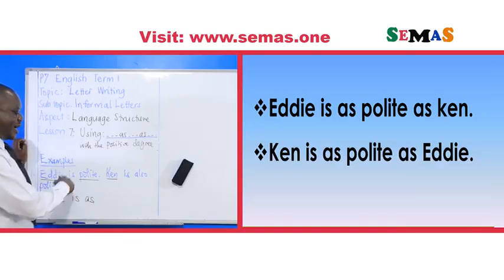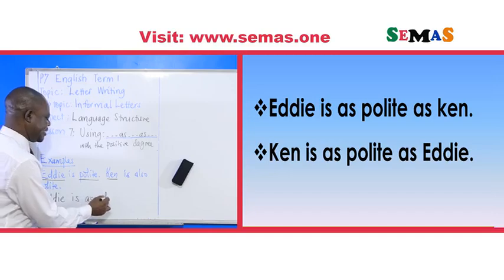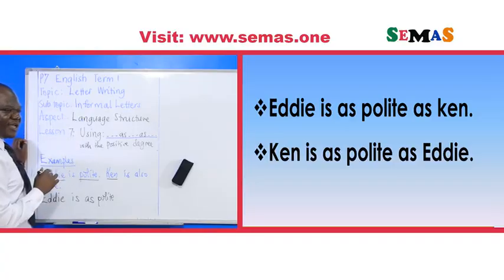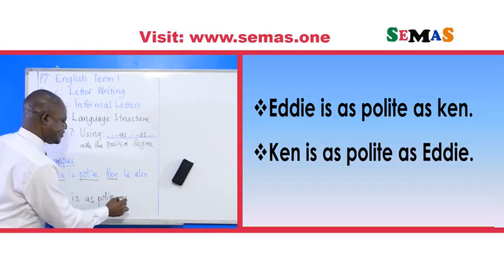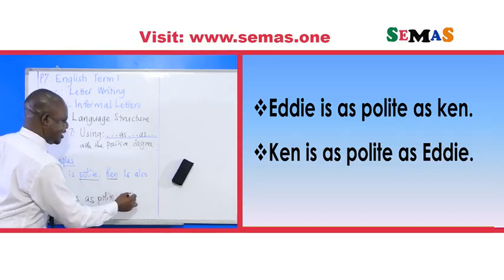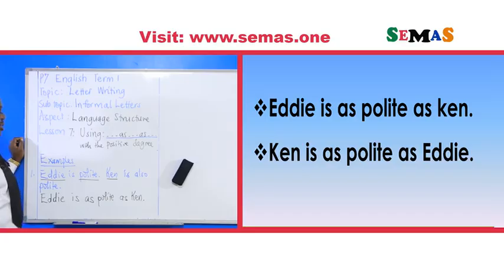Follow it with our describing word, polite. Then come and bring in the next word, as. And end with the last person's name, Ken. And we put a full stop. Eddie is as polite as Ken.